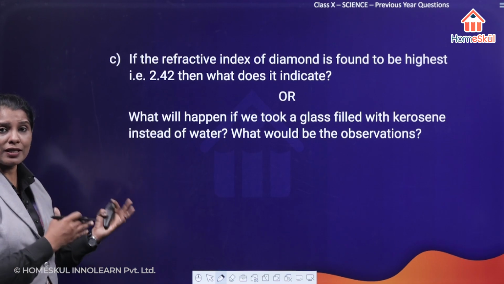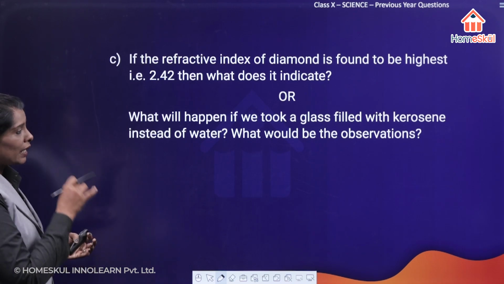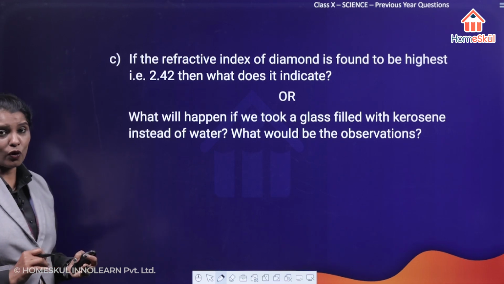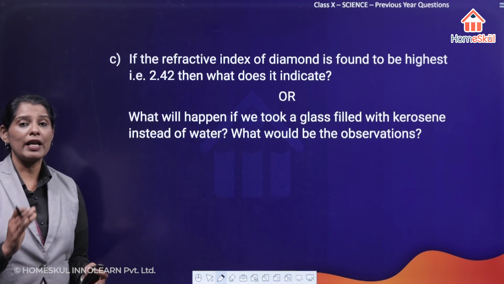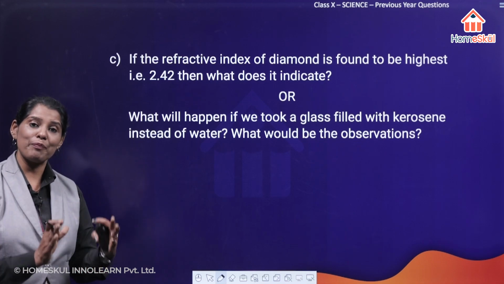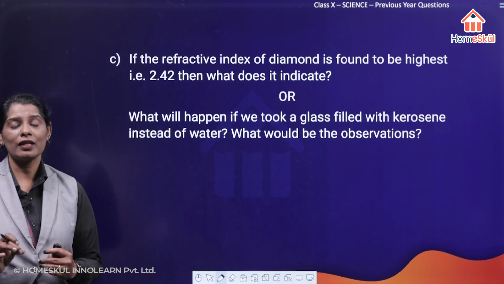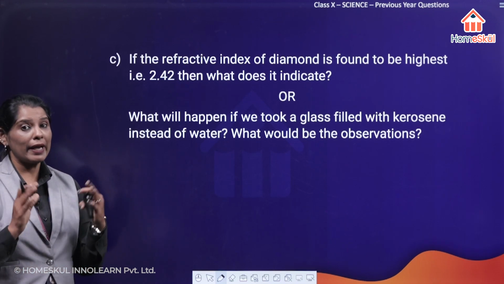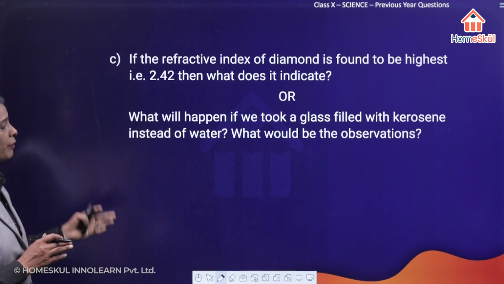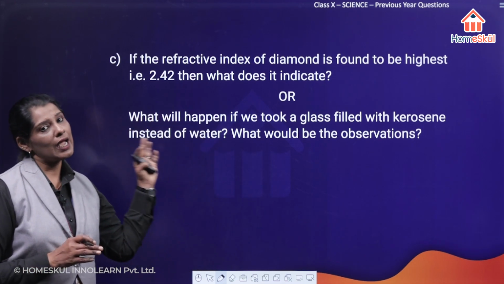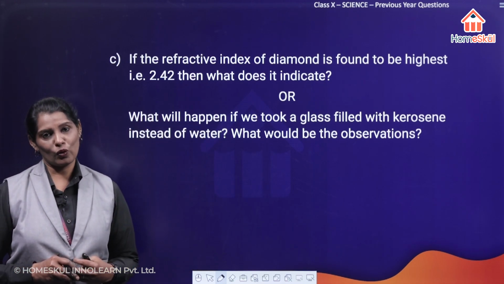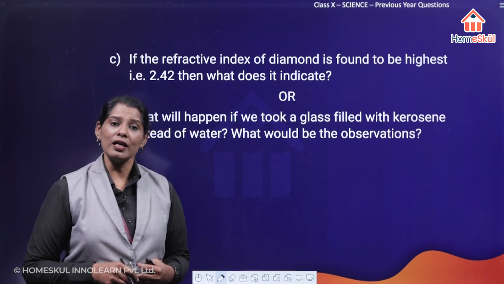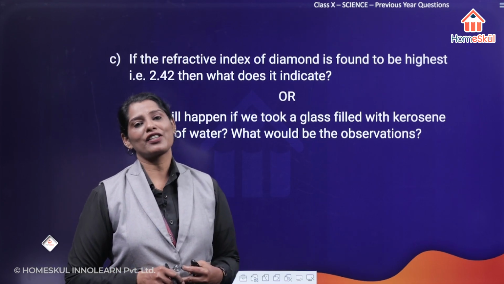So when the pencil is kept in the glass filled with kerosene instead of water, you will find the bending of the pencil will be more as compared to when the glass is filled with water. So the bending of the pencil, as we observe, will be more in the case of kerosene as compared to that of water. This is a question based on the refraction of light in different mediums.